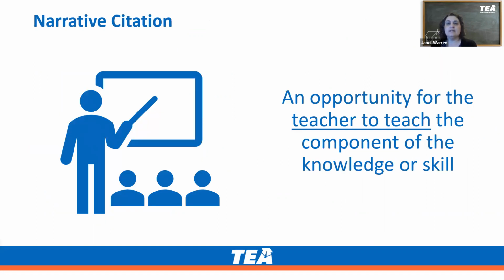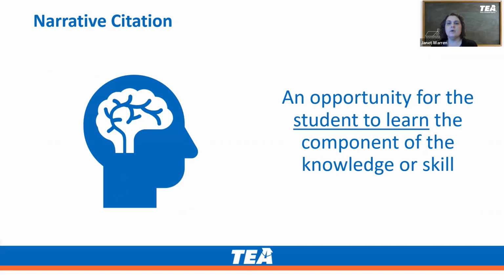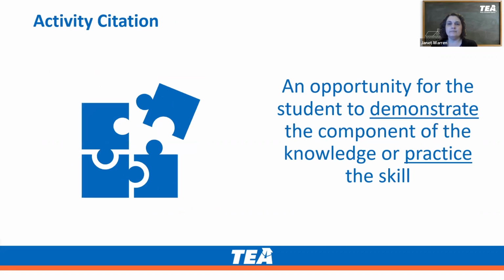There are 2 types of citations, narrative citations and activity citations. A narrative citation provides an opportunity for the teacher to teach the knowledge or skill, or an opportunity for the student to learn the knowledge or skill. An activity citation provides an opportunity for the student to demonstrate knowledge or practice the skill.